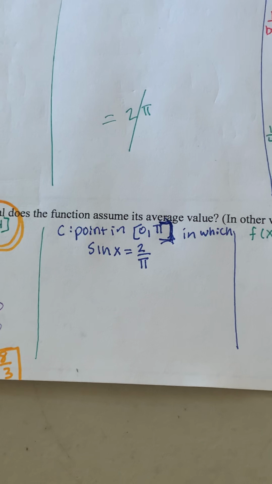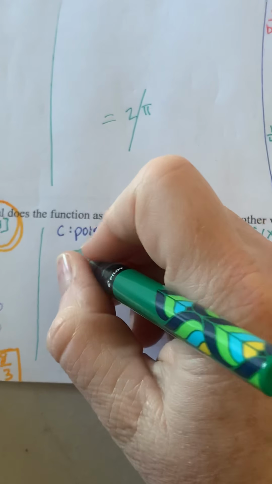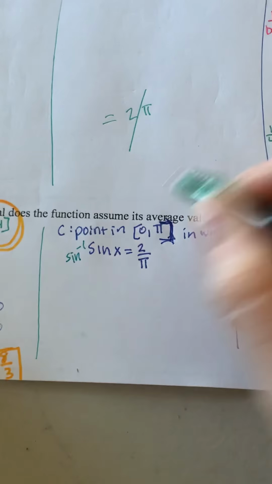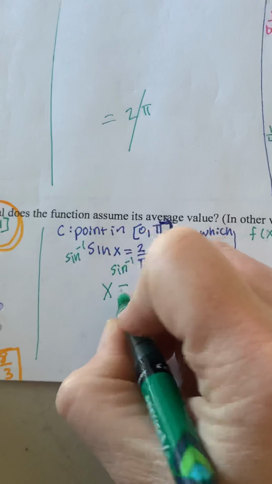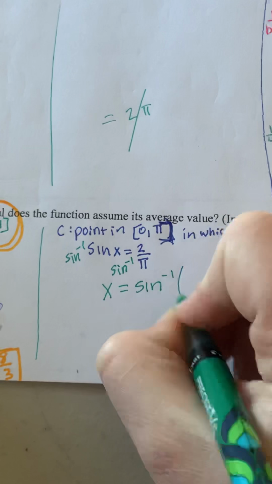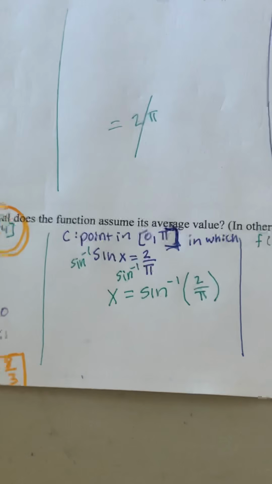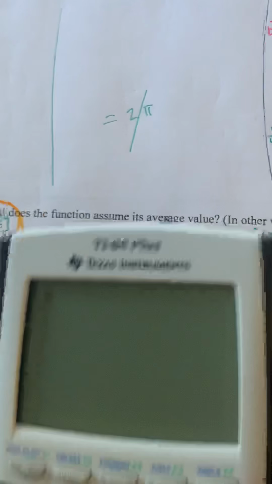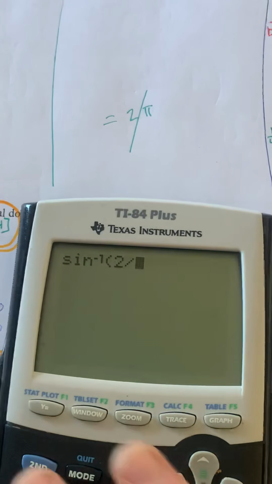So when you have a sine with the x, the way to get rid of that and have just x is to inverse sine both sides. So we'll have x equals the inverse sine of 2 over pi. Make sure your calculator mode is radians. So I'll just go inverse sine 2 over pi.